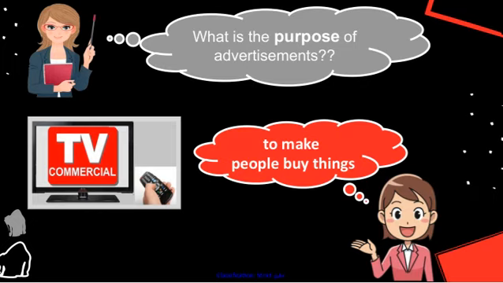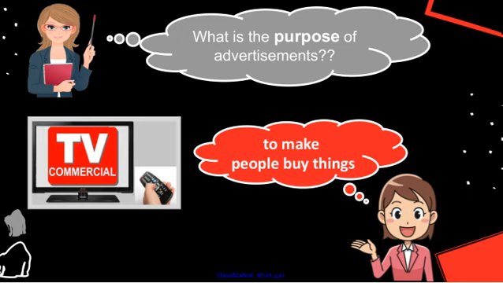So, what is the main purpose of advertisements? Well, at its core, advertising is all about making people buy things. It's about capturing your attention and convincing you that you need or want a product or service. Essentially, the goal is to influence your decision-making process, to turn your interest into a purchase. Advertisements are designed to communicate the benefits of a product, create a desire for it, and make it stand out from the competition.